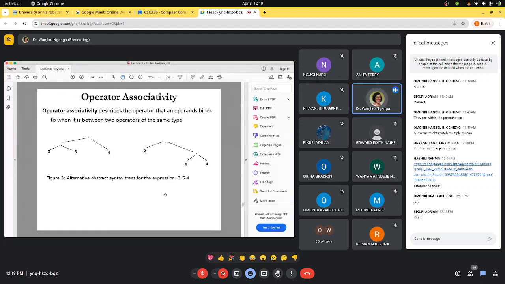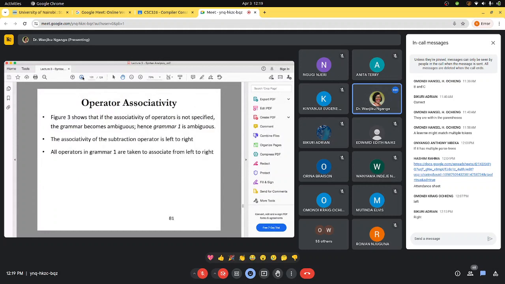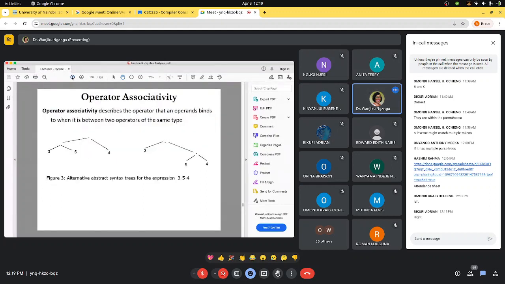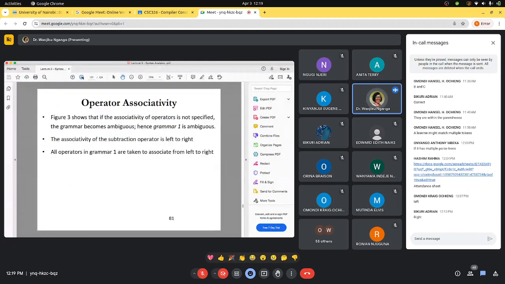So we would not want to leave operator associativity undefined, right? If the associativity is not specified, then that grammar is ambiguous. So this tells us that we need to specify associativity to ensure that we don't generate ambiguous grammars.